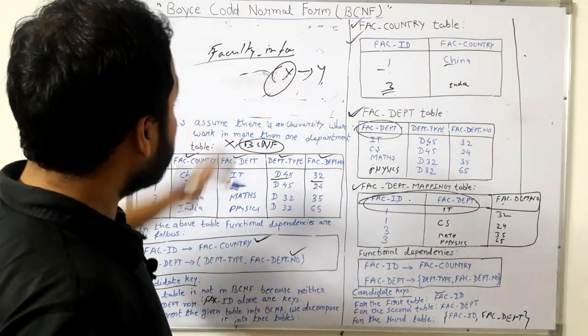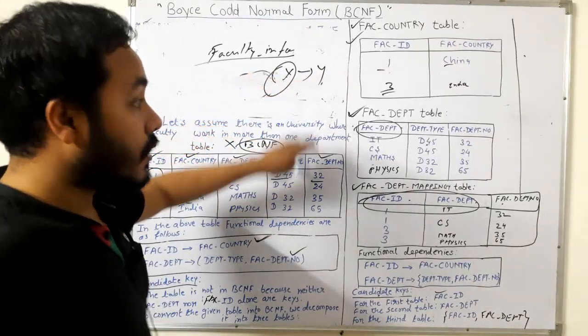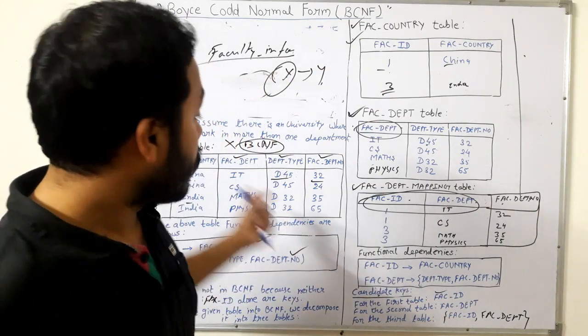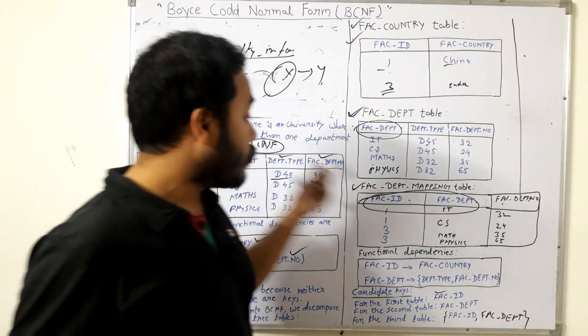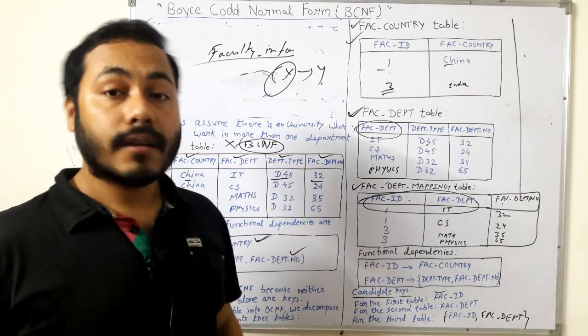So I can say that the BCNF condition is fully satisfied for these 3 tables. So now we come to the conclusion that the given table has been converted into BCNF by breaking it into 3 different tables.